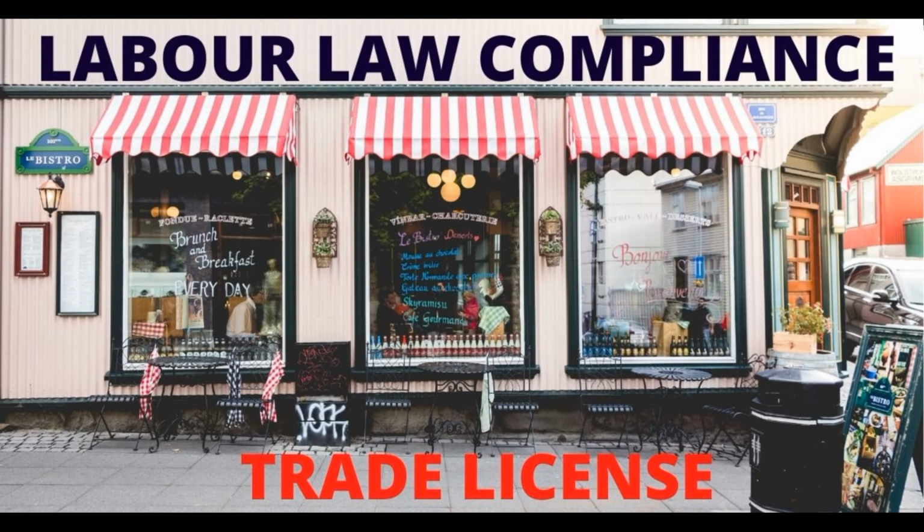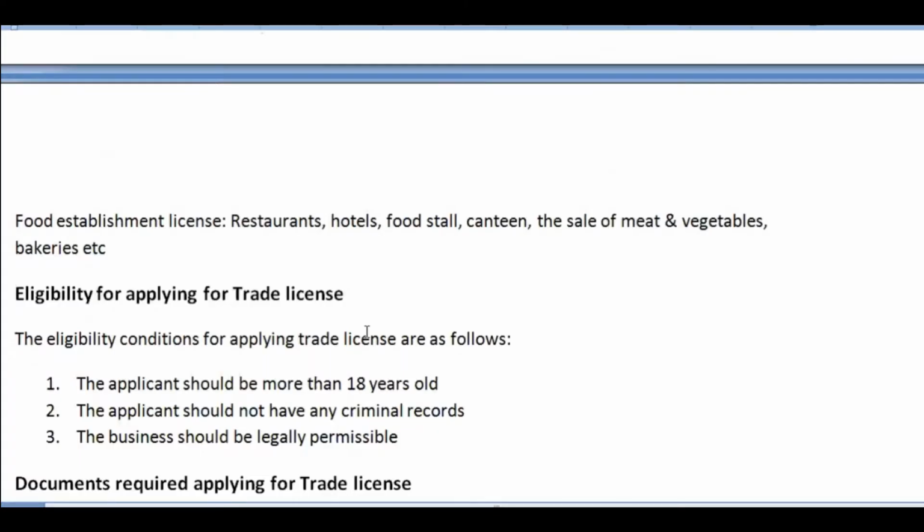Then you need to know about the different categories of the trade license: the industry license for small, medium and large scale manufacturing factories; the shop license, for dangerous and offensive trades like sale of firewood, cracker manufacturer, candle manufacturer, barber shop, laundry shop, etc. Then there is the food establishment license for restaurant, hotel, food stall, canteen, sale of meat and vegetables, bakeries, etc. The example is related to the FSSAI.